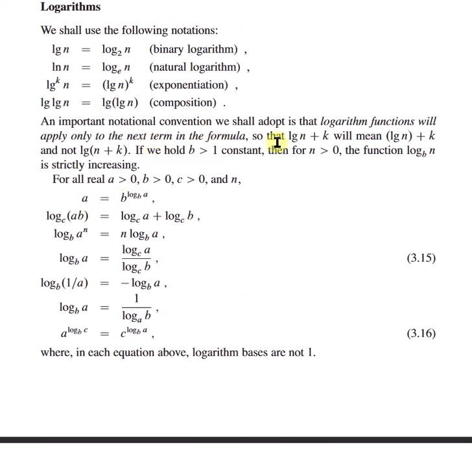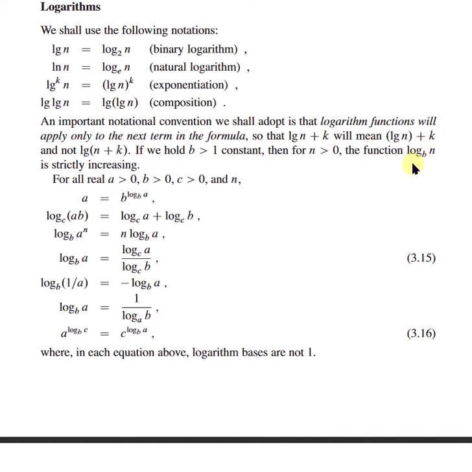An important notational convention we shall adopt is that logarithm functions will apply only to the next term in the formula. So it will mean, okay, not the whole expression. If we hold b greater than one constant, the function is strictly increasing, if b is constant and for n greater than 0.